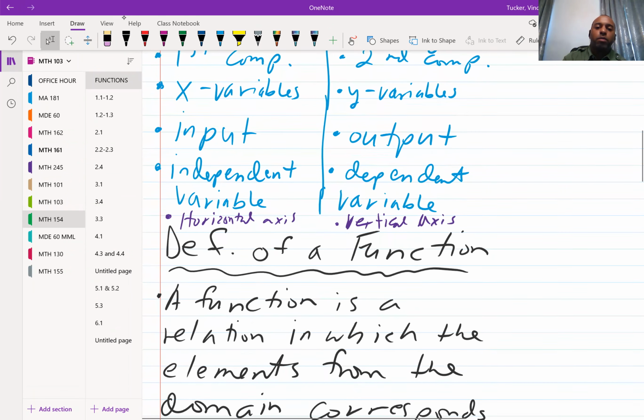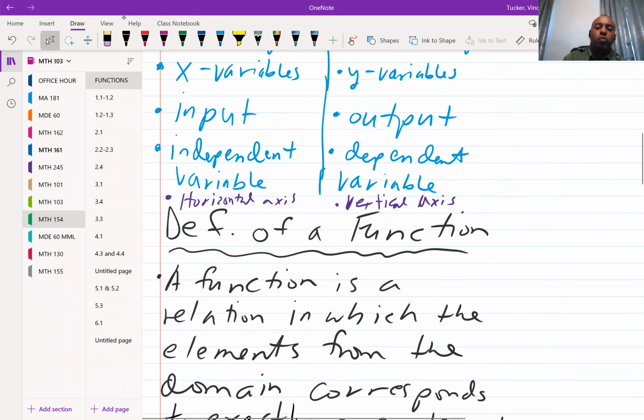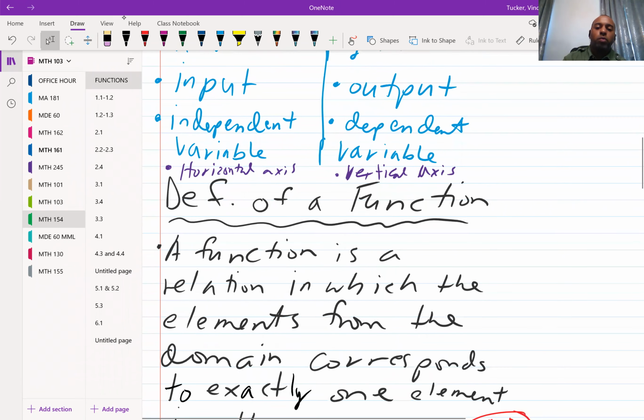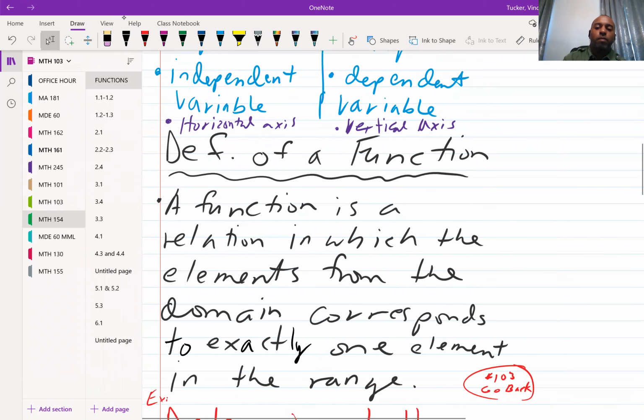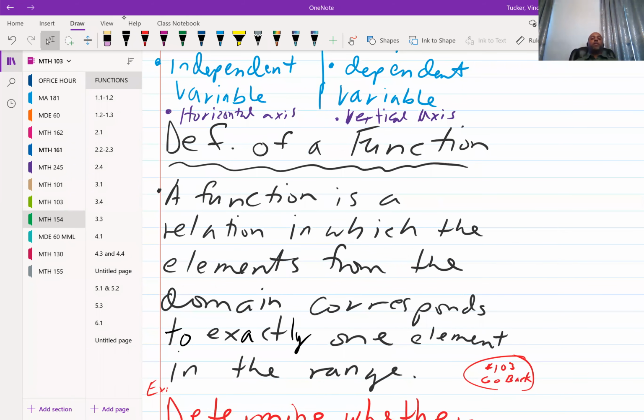All right, done with the blue. All right, so definition of a function. A function is a relation, or a set of ordered pairs, in which the elements from the domain correspond to exactly one element in the range.